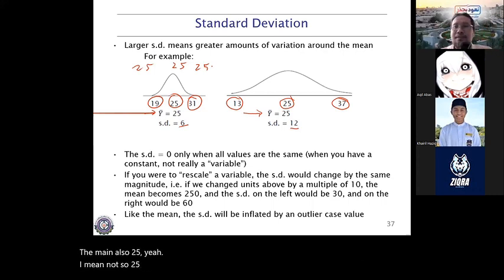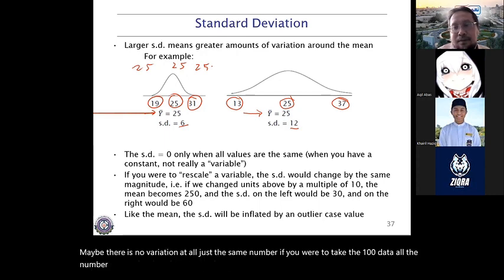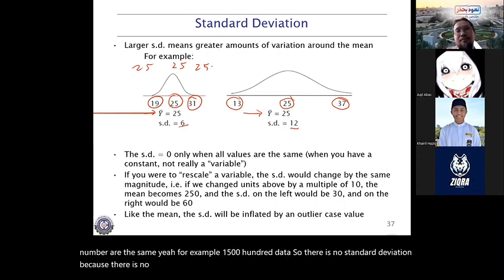But the standard deviation is 0 because there is no variation at all. If you have 100 data points and all the numbers are the same, for example 15, there is also no standard deviation because there is no variation. That is the meaning of standard deviation and variation.